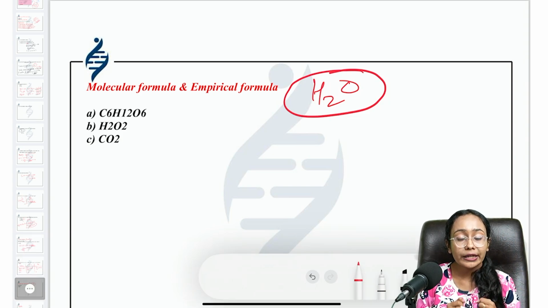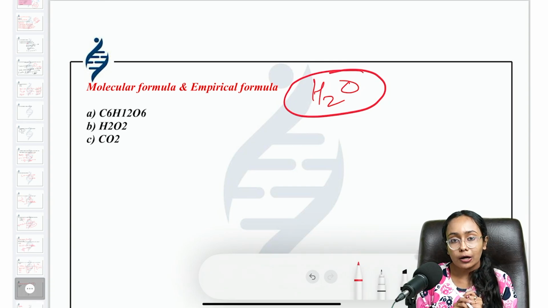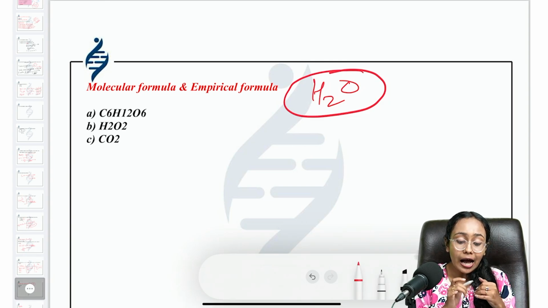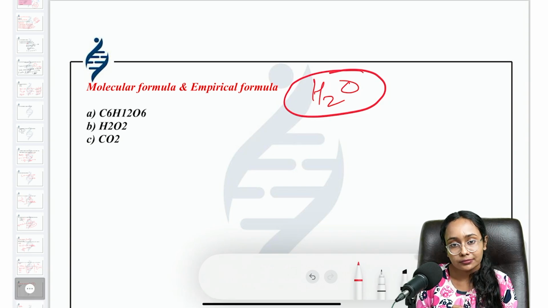What info can I get from this molecular formula? From molecular formula, you'll get to know the atoms present in a compound and also the number of atoms in a compound. When I look at the molecular formula of water, I can understand that hydrogen and oxygen are present in water.